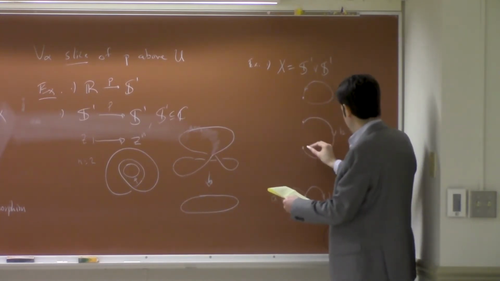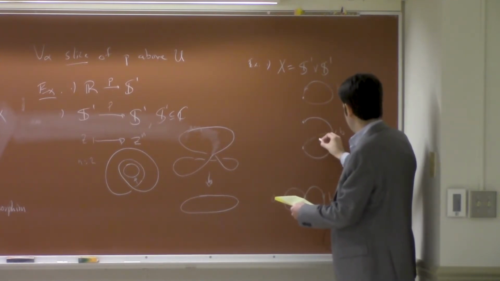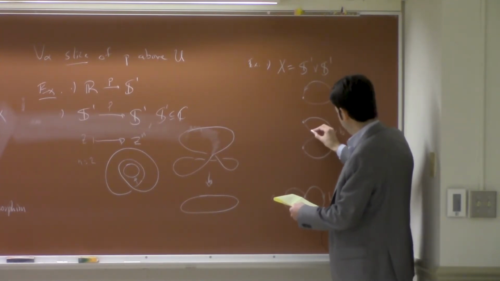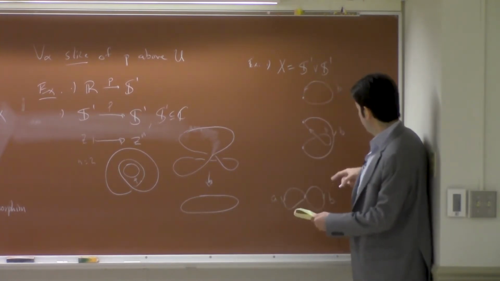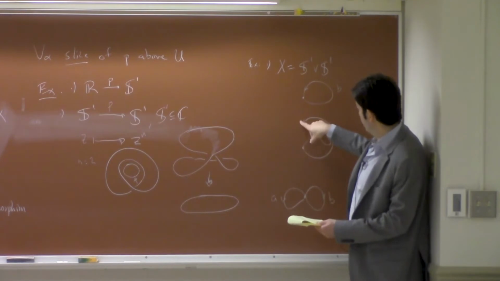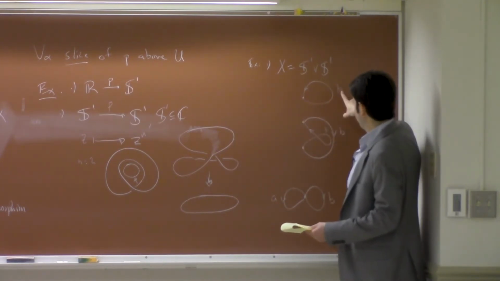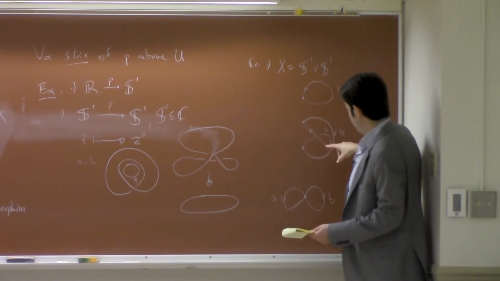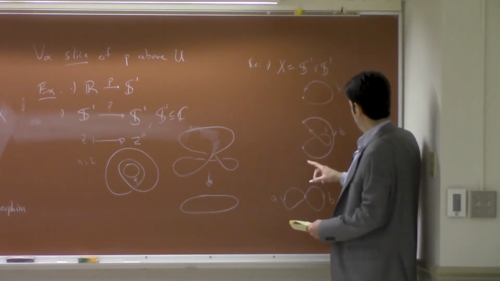So let's say you have something that looks like this. So now every one of these copies of the base point has a path labeled B that is either coming to it or leaving it, one of each.